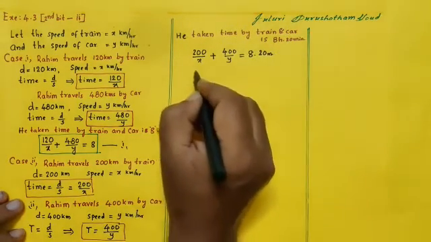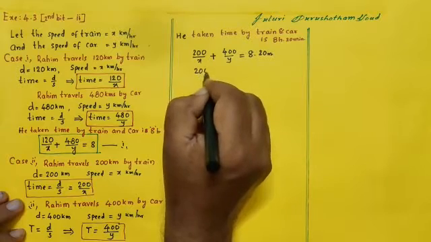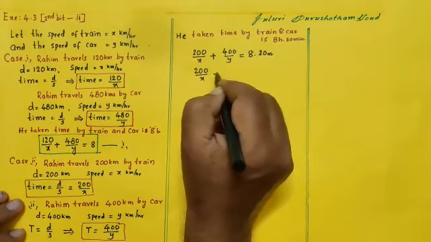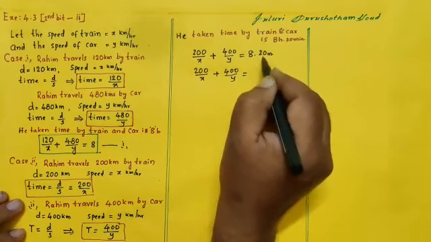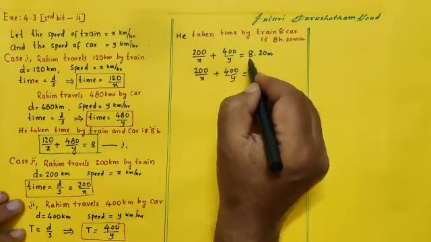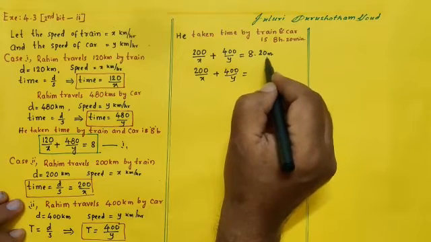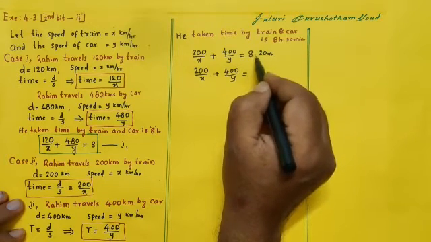So we have to write 200 by x plus 400 by y equals 8 hours 20 minutes. This is hours, this is minutes. We also have to convert the minutes into hours.